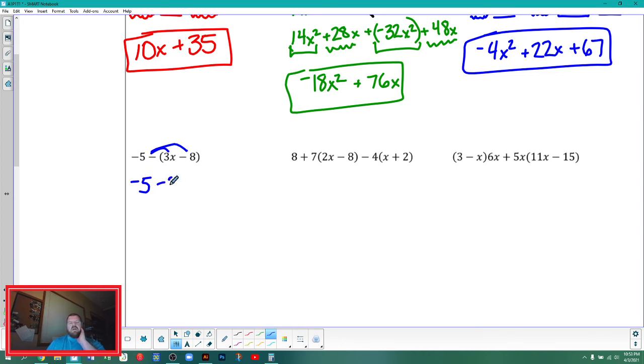So that's going to be a -3x, and -1 technically times -8 is going to be +8. All I have that are in common are constant terms. So this will be -3x, -5 plus 8 is going to be +3.